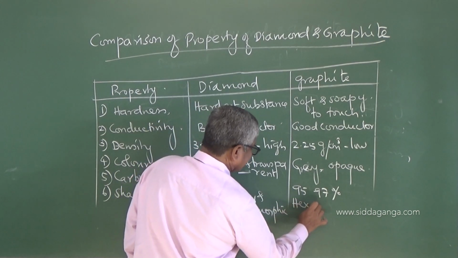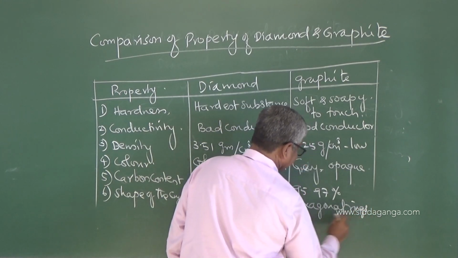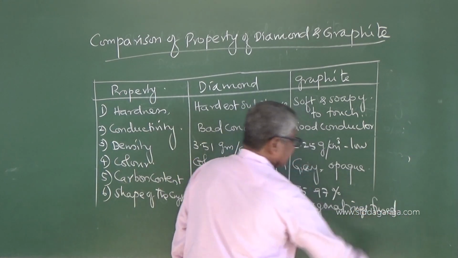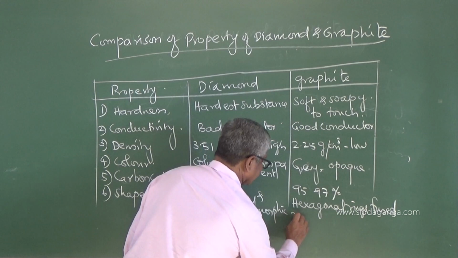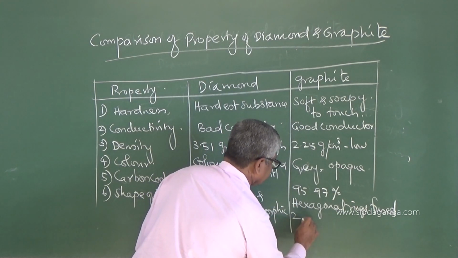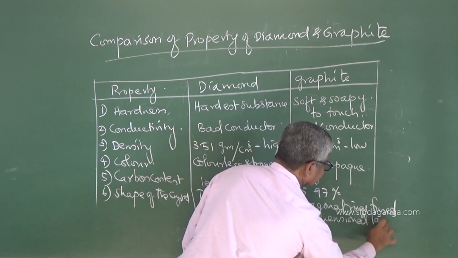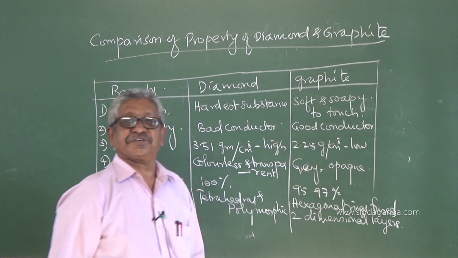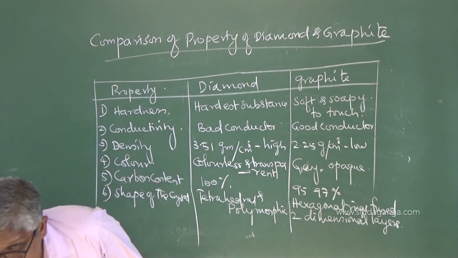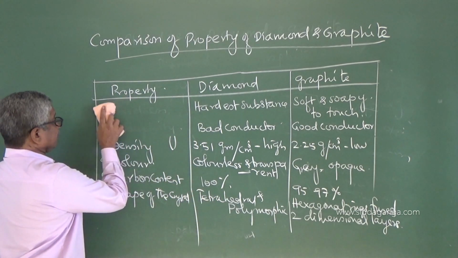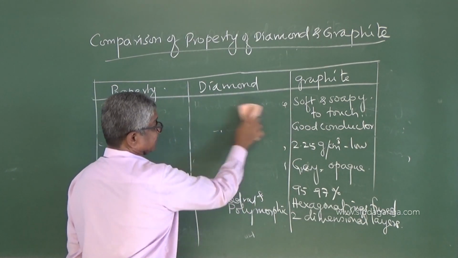Here in graphite, hexagonal rings are fused to two-dimensional layers. Still, some more are there. I'll remove this from the top, then I'll continue with the properties of diamond and graphite.